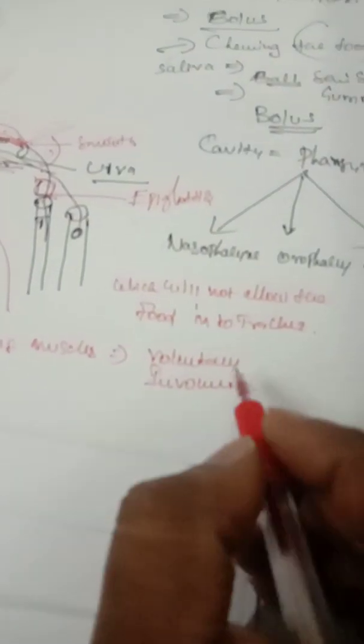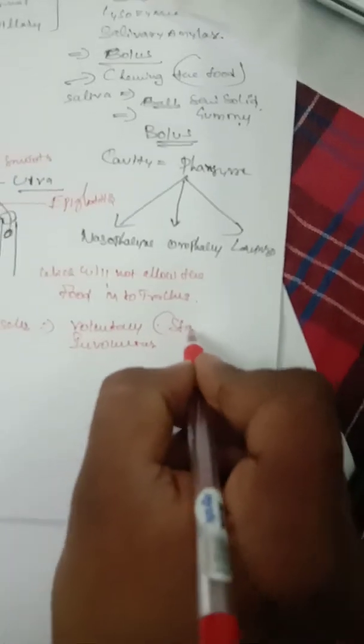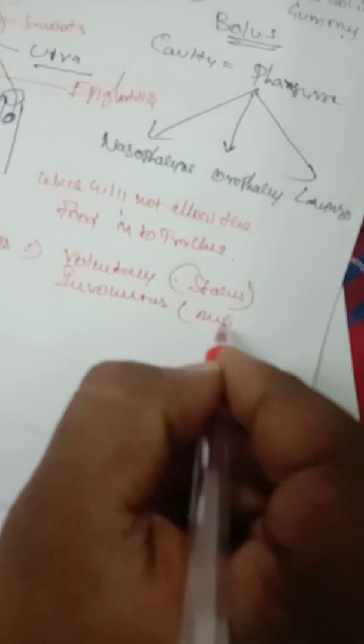The starting part is voluntary, and after a certain distance there are involuntary muscles. From the esophagus the food moves showing peristaltic movements.